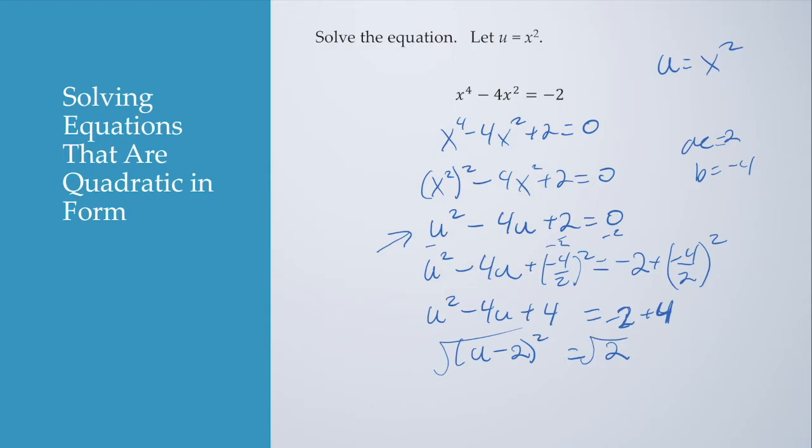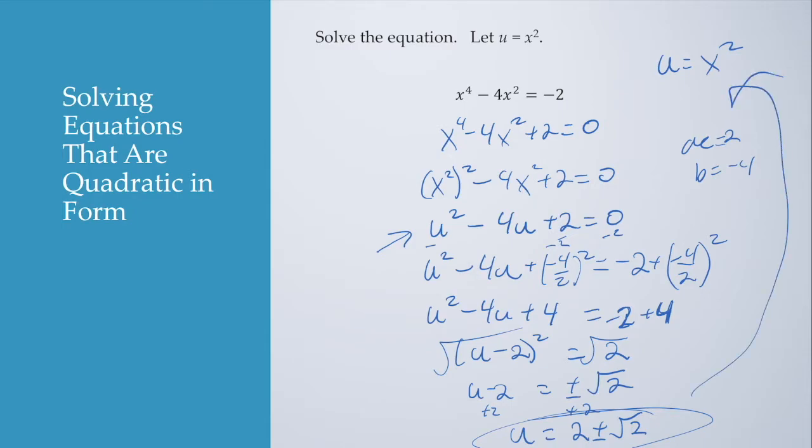Then I'd go ahead and take the square root of both sides. So I have u minus 2 equals plus or minus the square root of 2 (sic, of 6). I'm going to add 2 to both sides, so I have u equals 2 plus or minus the square root, and then I have to substitute that back in for x squared.